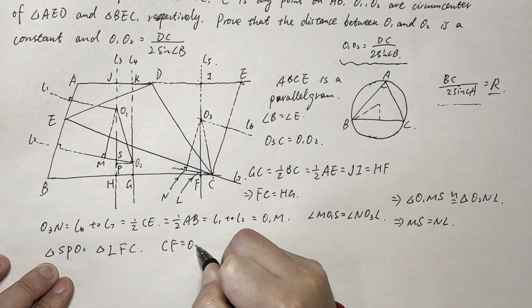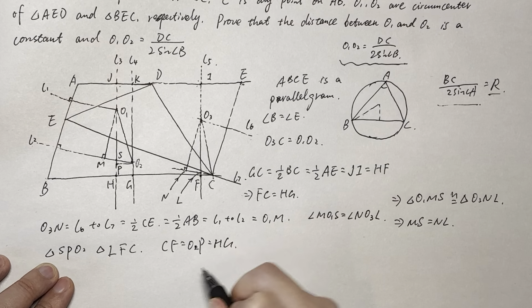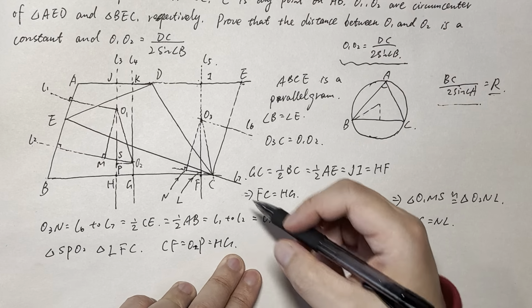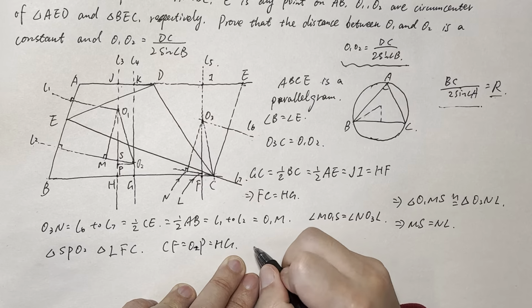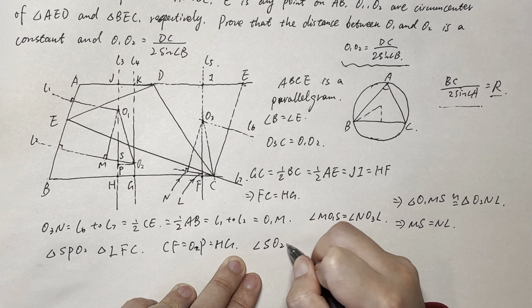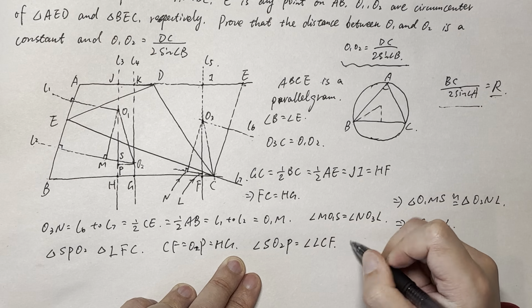CF equals O2P equals HG. That's what we already know. And we know that L7 is parallel with L2, so angle SO2P equals angle LCF.